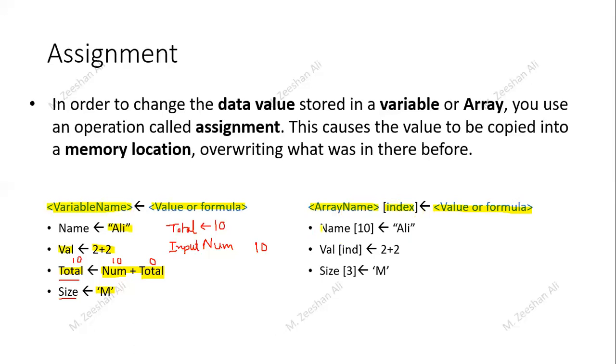For example, in the first example, you can see name 10 Ali, which means there is an array whose name is name, and at its 10th position I'm going to save the name Ali. This name can be changed afterwards at any point of my program. Okay. We can also tell the position in an array with another variable.